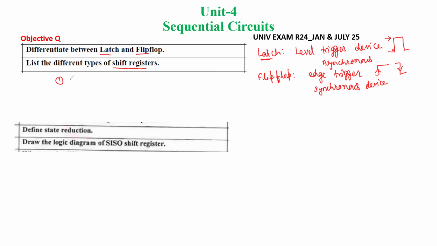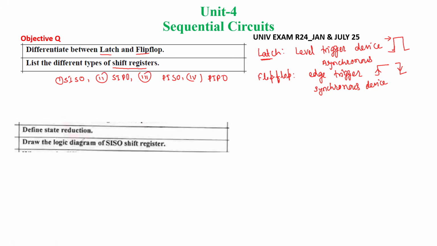The four types are: serial in, serial out; second, serial in, parallel out; third, parallel in, serial out; and fourth, parallel in, parallel out.